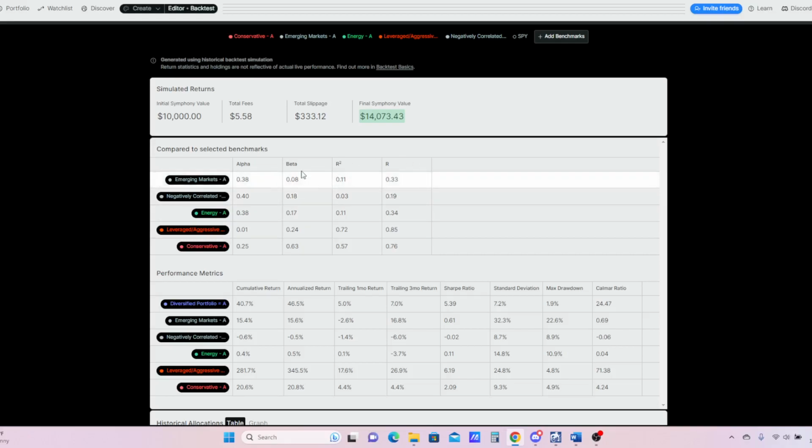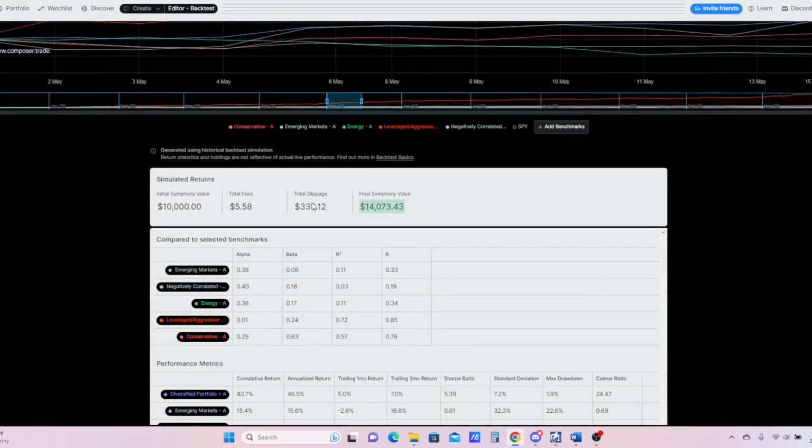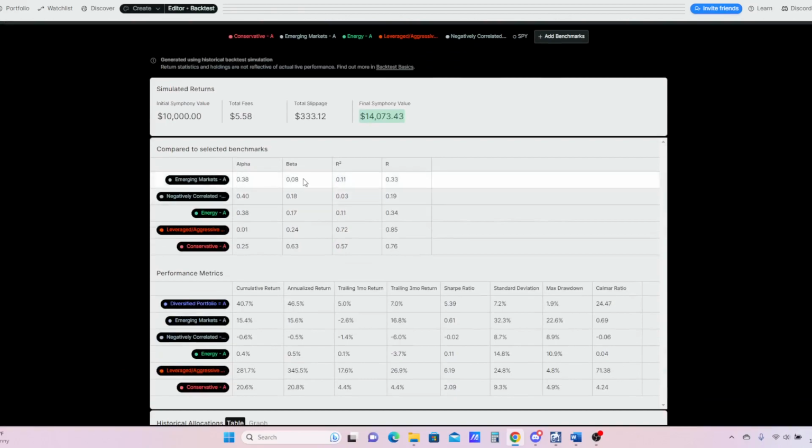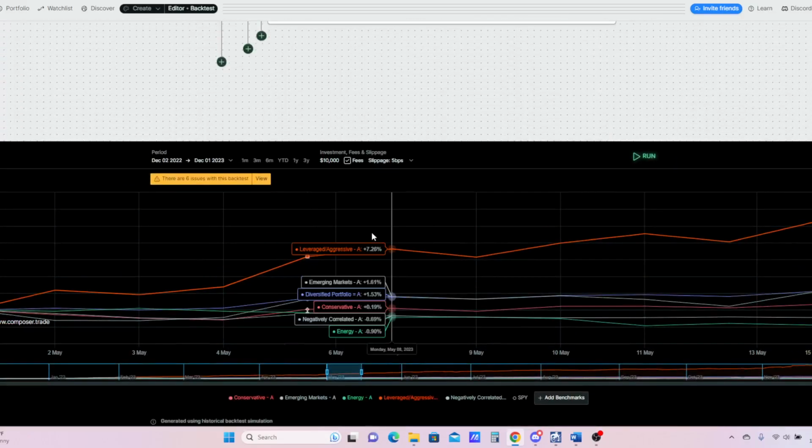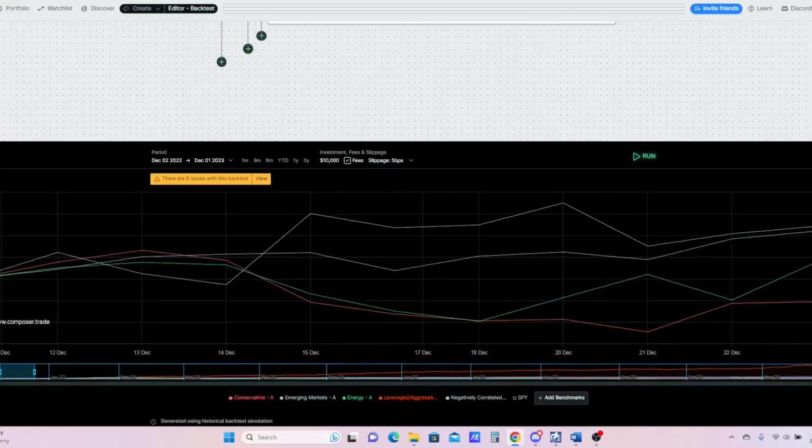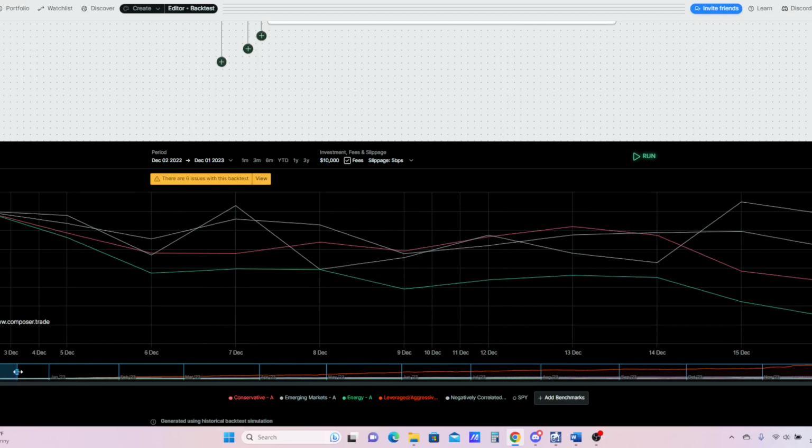So this is the Master Symphony. So the beta is very, very low to each one, except for conservative, but that's 20% of the portfolio. And this is like all of 2023, right? Yeah.